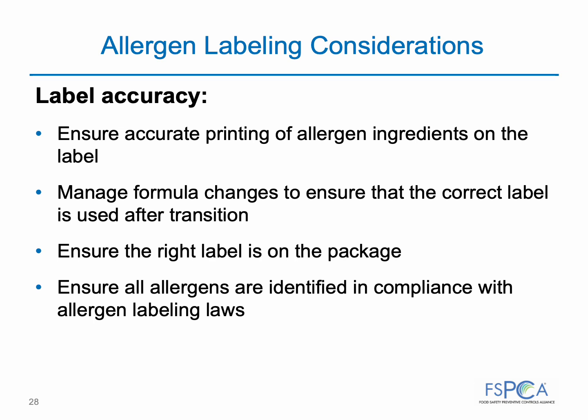Elements include ensuring that the verbiage is accurate on the label in compliance with the labeling laws, and that any formula changes are managed appropriately so that the correct label is used on the new formula. Any out-of-date labels in inventory need to be removed from active inventory.